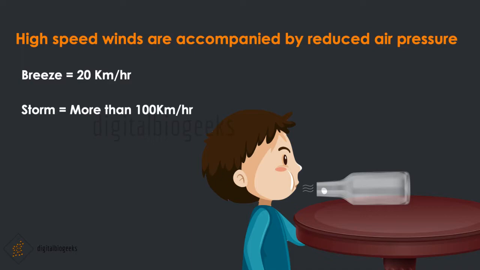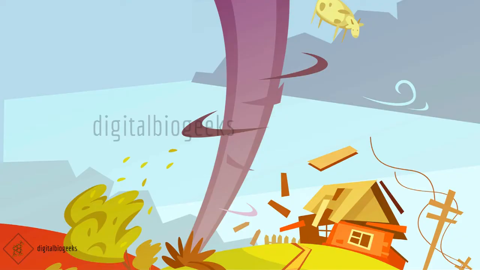You might have heard that high-speed winds can lift and blow away the weak roofings of buildings. Let me try to explain this on the basis of what we learned. The air pressure inside the roof is equal to the atmospheric pressure, right? But when the high-speed wind comes, the pressure above the roof decreases. Here the pressure is low.